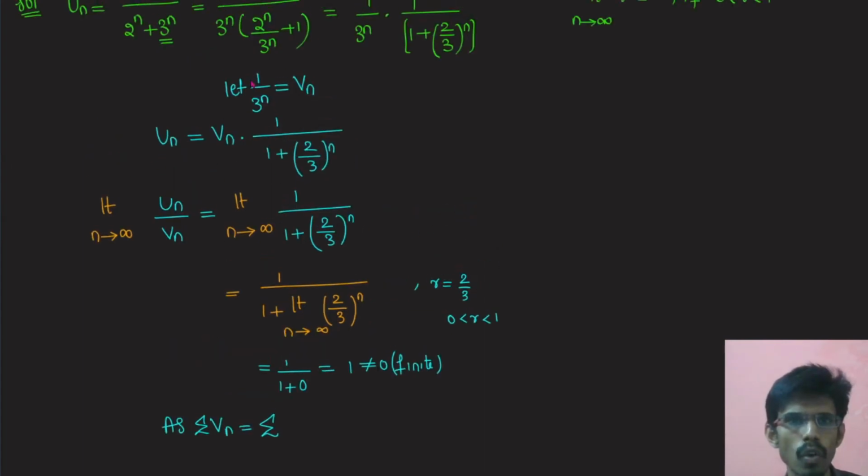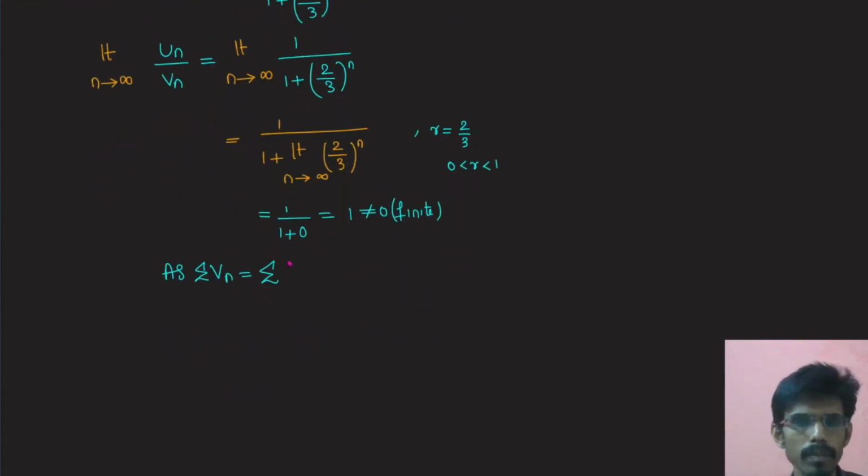we have taken 1 by 3 power of n. If I expand this, taking n equal to 1, I'll get 1 by 3. If I take n equal to 2, I'll get 1 by 3 square, plus 1 by 3 cube, and so on up to 1 by 3 power of n.